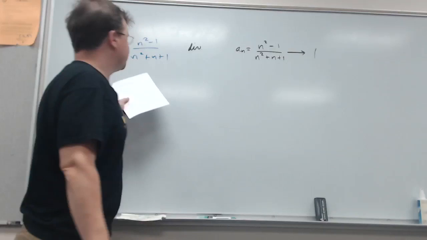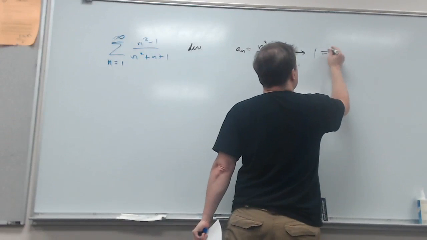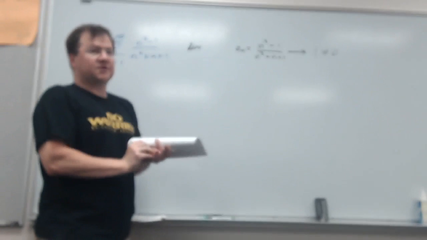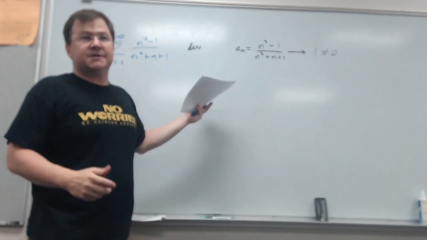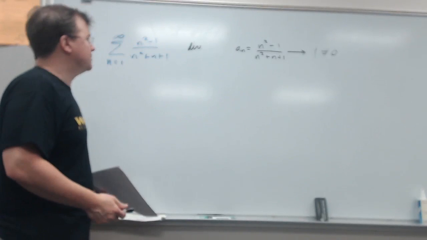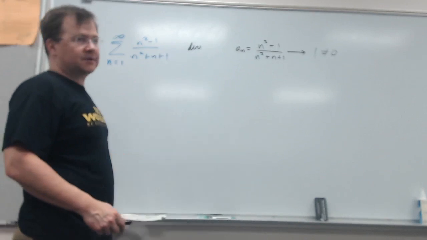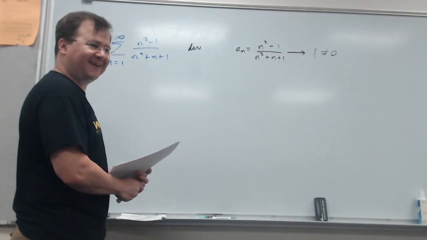And in order for the series to even have a chance of converging, the sequence would have to at least go to 0. We know that there are sequences that go to 0 and still don't converge, but at the very least the sequence has to go to 0. So this diverges by the divergence test. So I got full credit on that one, right?